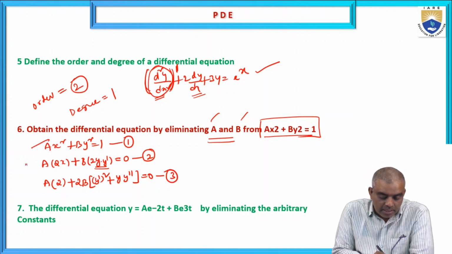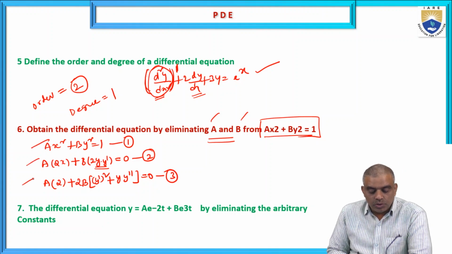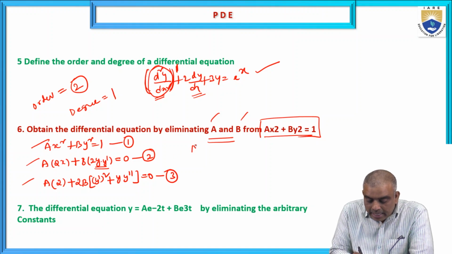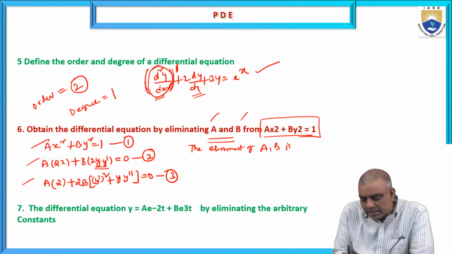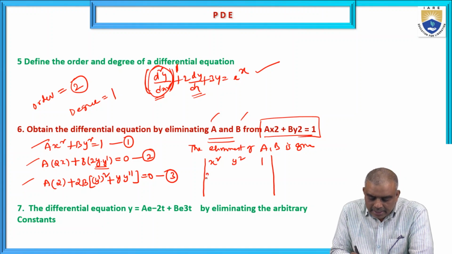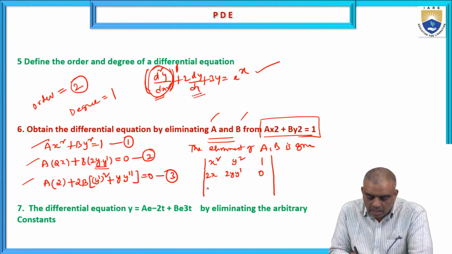So we have obtained 3 equations. Using the 3 equations, you form the differential equation. The elimination of a comma b is given by the determinant: a coefficient x square, b coefficient y square, constant 1; similarly 2x, 2y y dash, 0; and last 2, y dash square plus 2y y double dash, and last term 0.